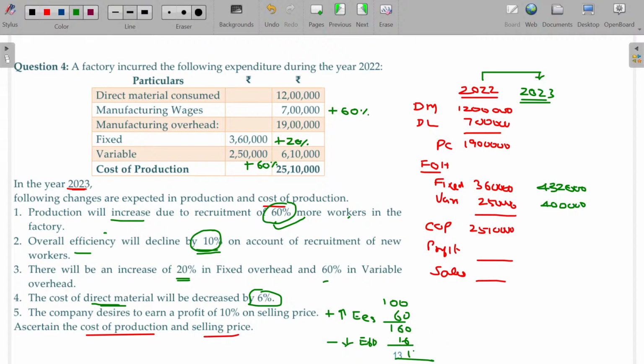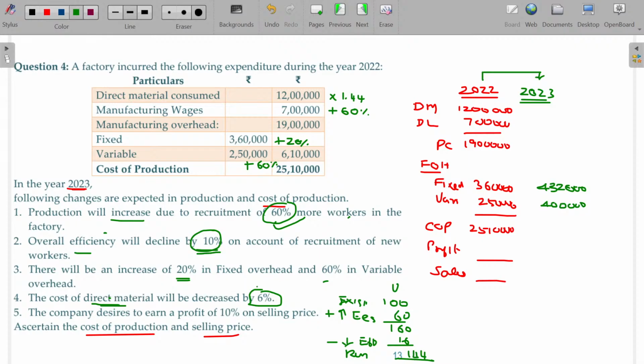So ultimately 144 will be the real production. This is the existing output, and this is the revised output. It means 100 becomes 144, so multiplied by 1.44 times. Only a 44% increase happens, so you have to add only 44% to the direct material cost.